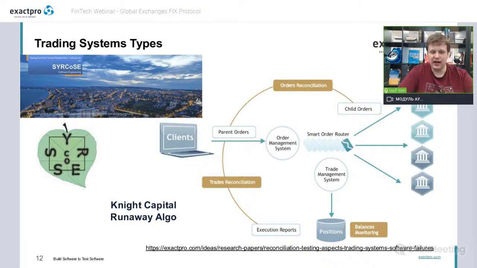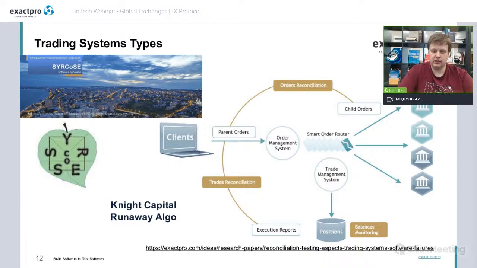Within 45 minutes, a trading algo lost $450 million. And this research paper contains a description with references to the SEC investigation.